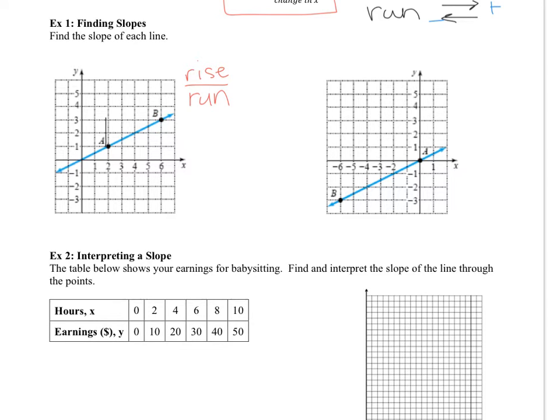So I'm going up 2, so up 2 is a positive 2. And then I'm going to the left, 1, 2, 3, 4, and by left I mean right. So that'd be positive 4. So up 2 over 4, that means my rise is 2 and my run is 4. That is a slope of 1/2.